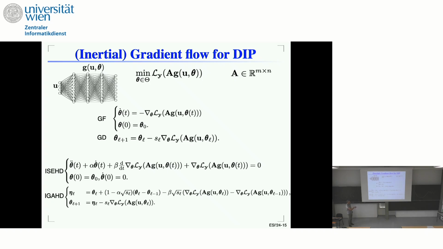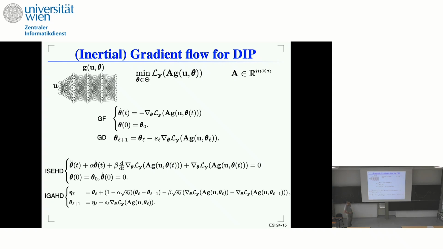This is basically another damping that comes from the Hessian, and we call this a geometric-driven damping, hence the acronym here. If I discretize this properly, I end up with this algorithm that we call inertial gradient with explicit Hessian damping. People who are familiar with the heavy ball method, we don't have this, we only have this.